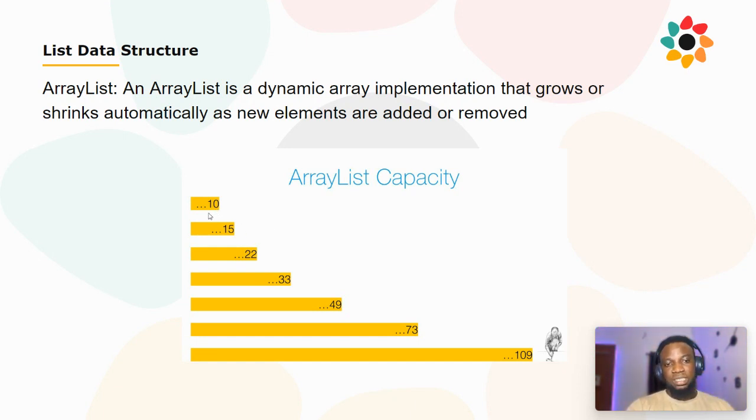What happens is that Java under the hood increases the size of that array list by 50%. 50% of 10 is 15. Then it grows that way. When you reduce the number of elements in the array, it shrinks also. That's what is meant by grows or shrinks.